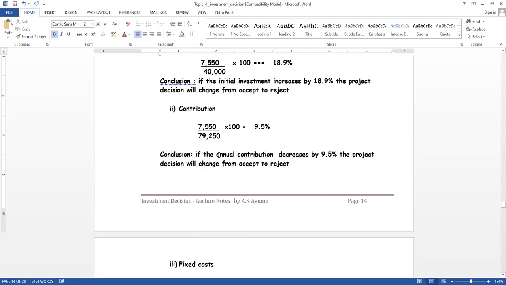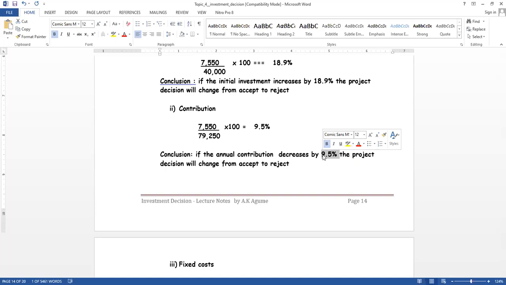Should the annual contribution decrease by this and the other variables remain constant, the decision will change from accept to reject. You will no longer have a positive NPV.